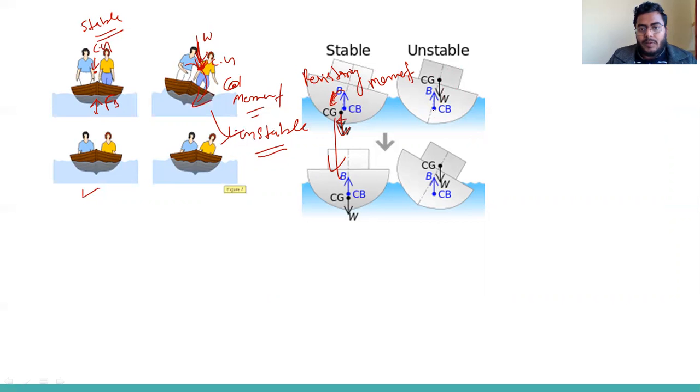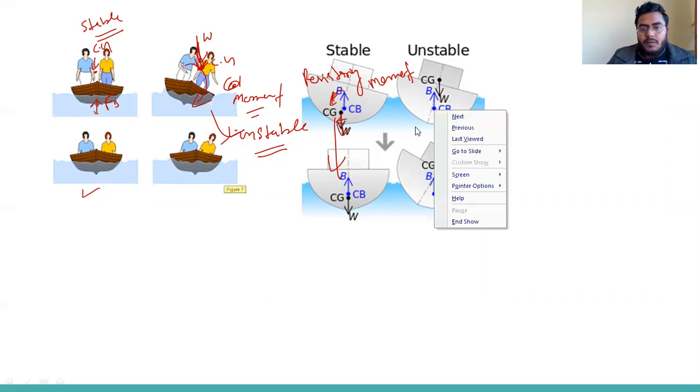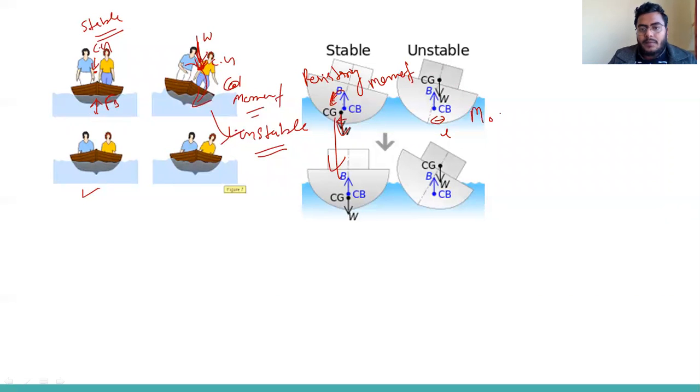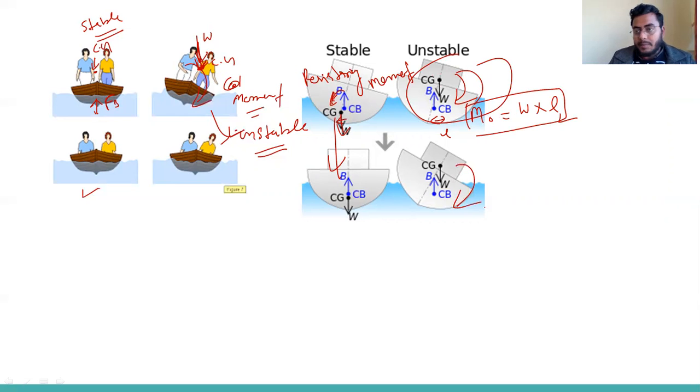Taking the moment from this point, suppose this length is L. We'll get what we call an overturning moment, W into L. And we do not have any moment to resist this moment. So it will not be safe. It is unstable, so it will go down like this.